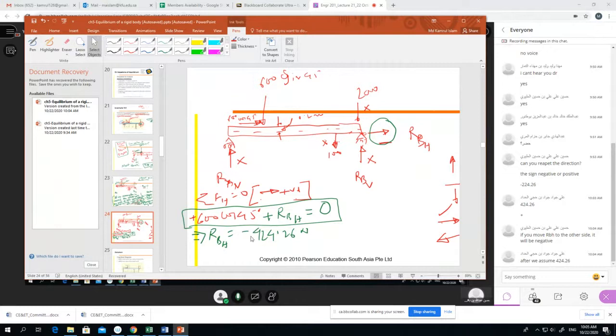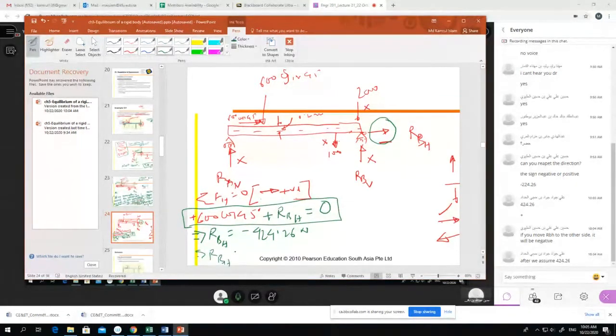We assumed the force works in the right direction, so the correct answer will be 424.26 N in the left direction.